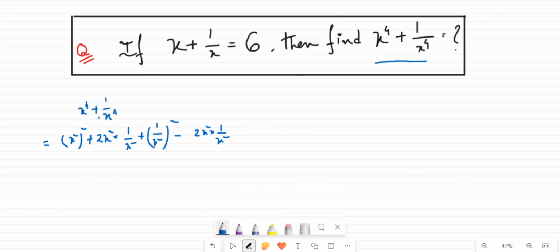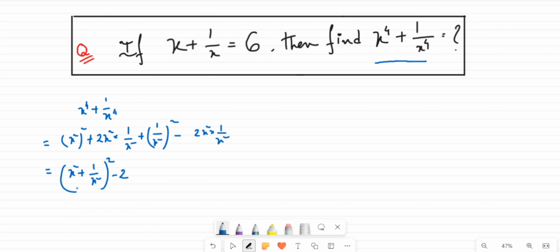So we can write this in this form also. What does this formula stand for? (x square) whole square plus 2 into x square into 1 by x square plus (1 by x square) whole square. It means (x square plus 1 by x square) whole square minus 2, right?